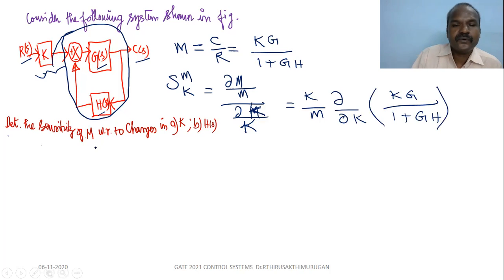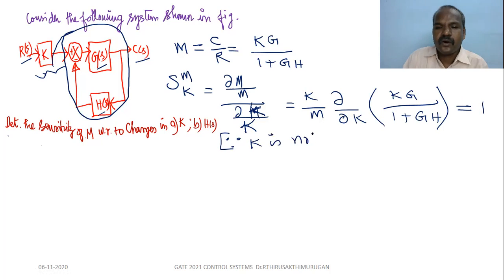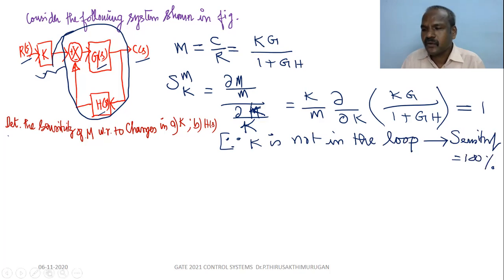So if you differentiate this and substitute, you will be getting 1. Since K is not in the loop, the sensitivity is equal to 100%. Okay, sensitivity is 100%.